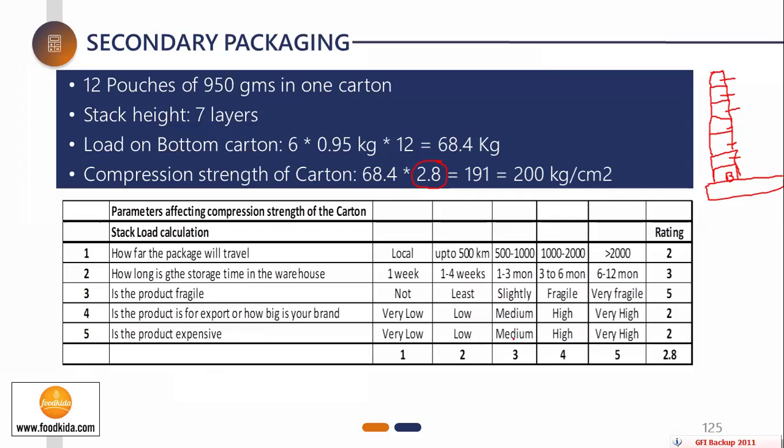And is the product expensive? Definitely you can rate it accordingly. So my rating comes out to be 2.8. So I multiply this 68.4 into 2.8, I get somewhere around 191. So 200 kg per centimeter square should be my compression strength for the carton.